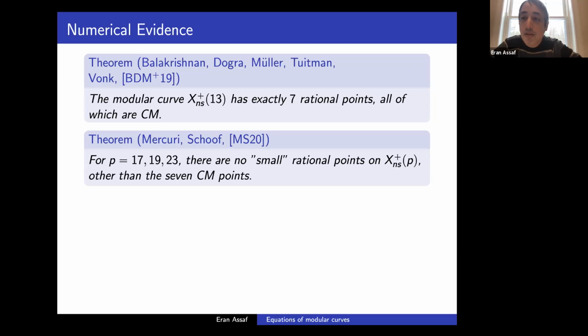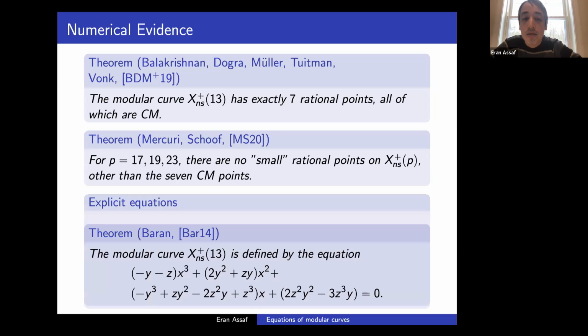Now, both of these theorems rely on explicit equations for the curve. Specifically, the result you see for 13 comes from the fact that Baran in 2014 was able to obtain an explicit equation for this curve. And then one can use methods for finding rational points on curves given their equation. So this is one of the reasons that we're interested in equations for modular curves.